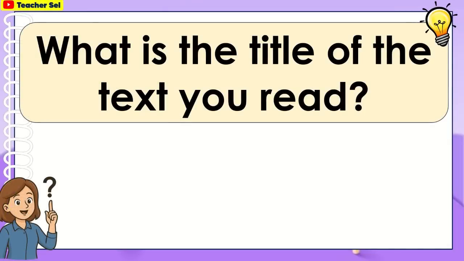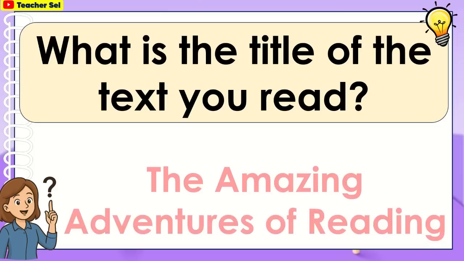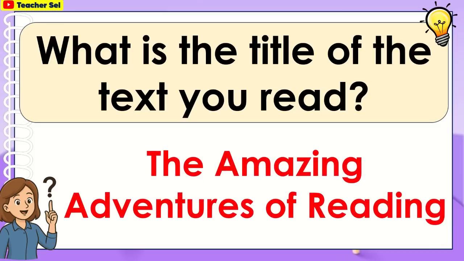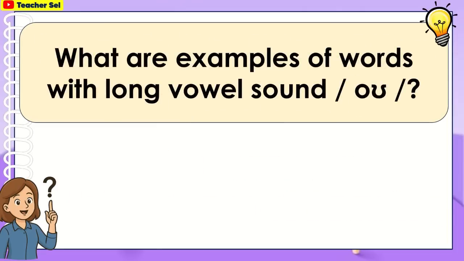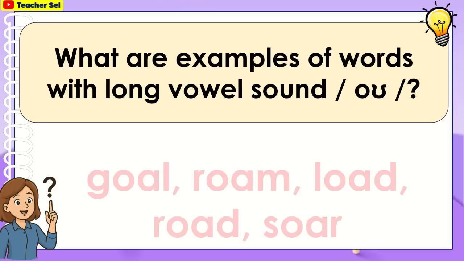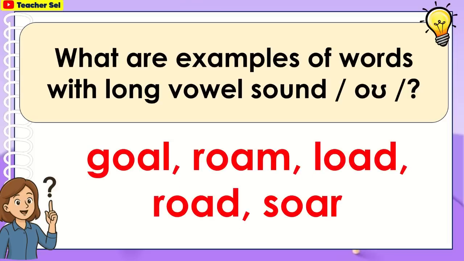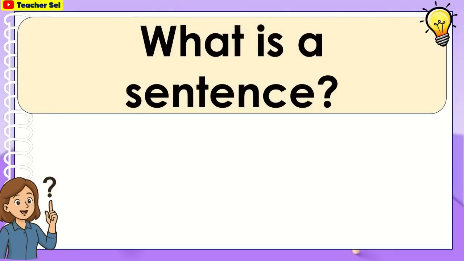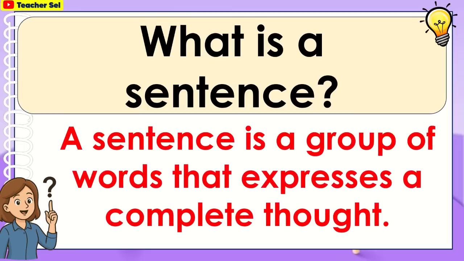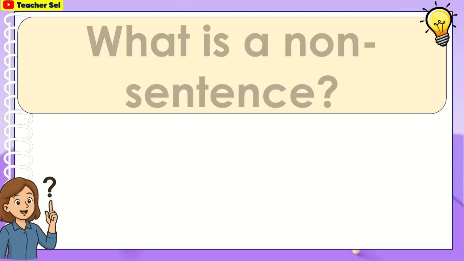What is the title of the text you read? The Amazing Adventures of Reading. What are examples of words with long vowel sound O? Goal, roam, load, road, soar. What is a sentence? A sentence is a group of words that expresses a complete thought.